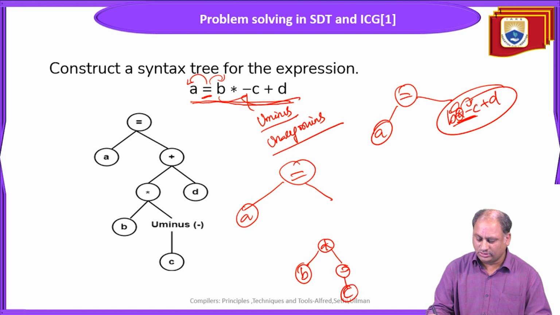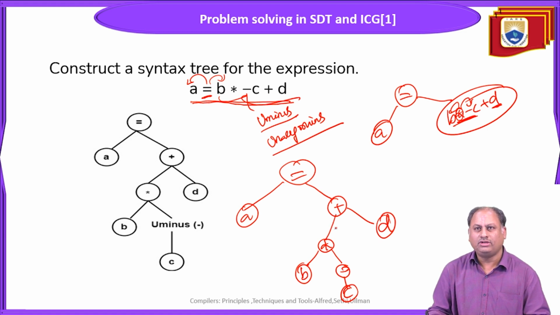Then this star goes to the plus operation, where the right child operand is d and the left child is star.